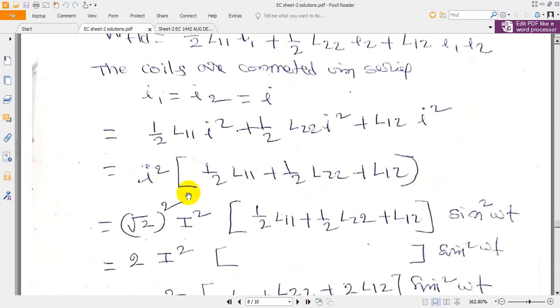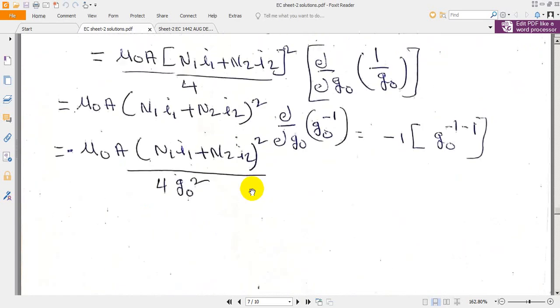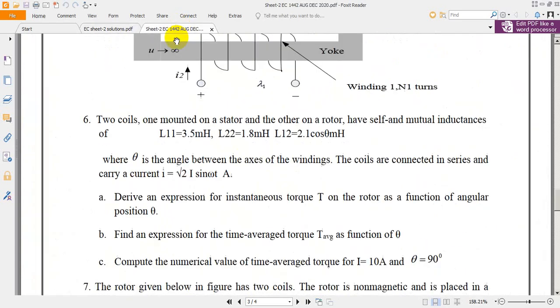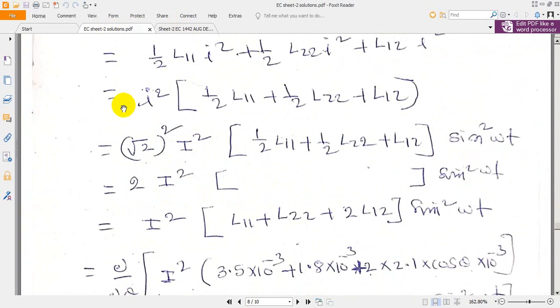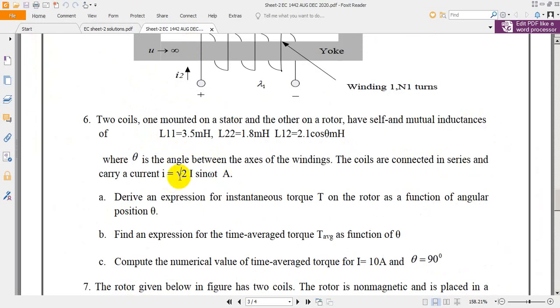Now substitute the value of the current. It is given in the problem that I is equal to root 2 I sin omega t, where root 2 I is our maximum value.